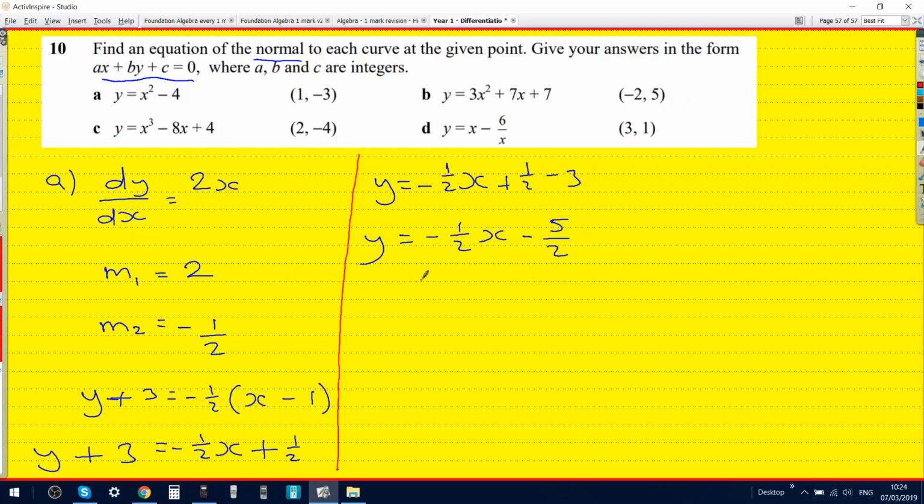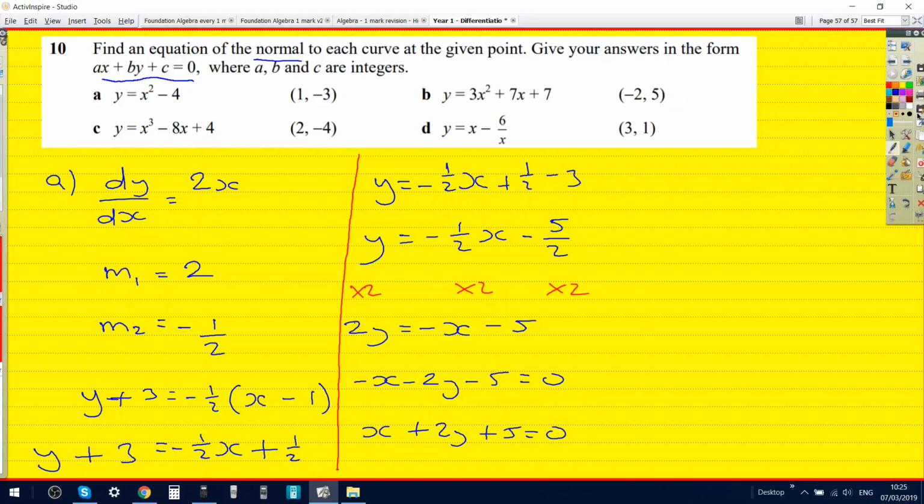Oh yeah. So 2y minus x minus 5, and they want it equal to 0. So minus x minus 2y minus 5 equals 0. Yeah, that's fine. Or make your life easier and turn it into x plus 2y plus 5 equals 0. Both are correct.